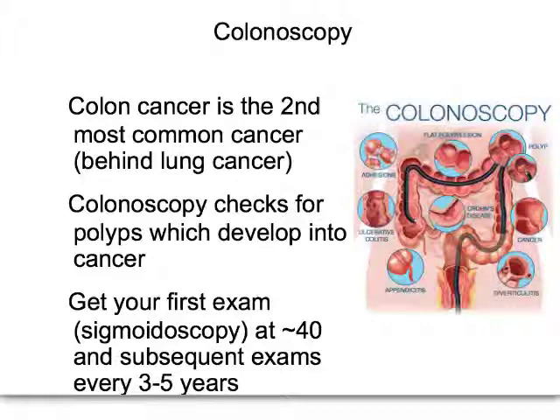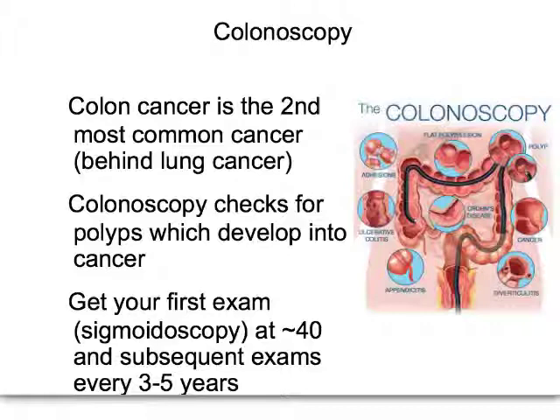So it's not even breast cancer that's number one, like everybody thinks, because it gets so much publicity. Number one is lung cancer. Number two is colon cancer. So doctors will check for colon cancer using a colonoscopy.